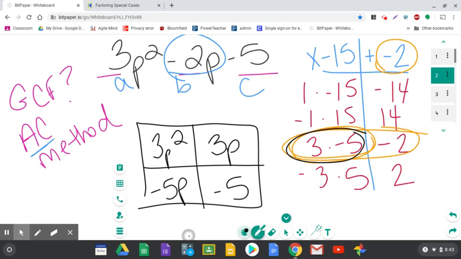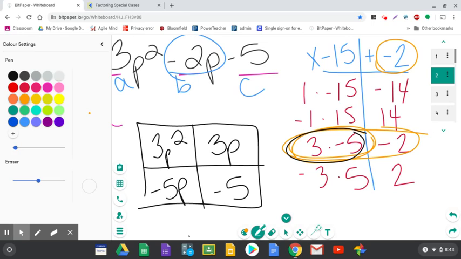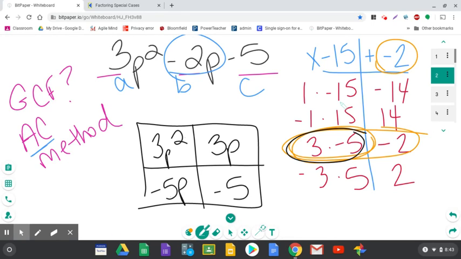Okay, so now I need to get the GCF of each row and each column. So for this column, the only thing a 3 and a 5 have in common are a 1, but I could also take out a p. This column, same thing, 3 and -5, the only thing they have in common is a 1.